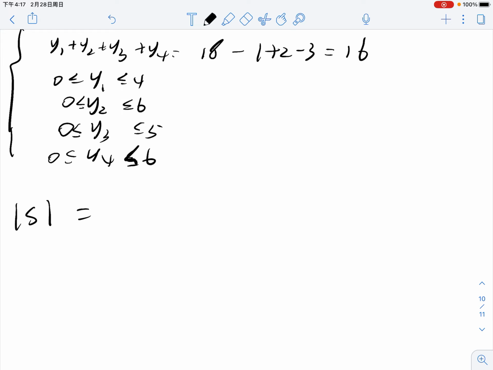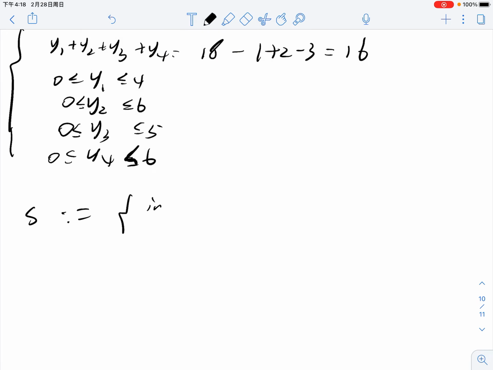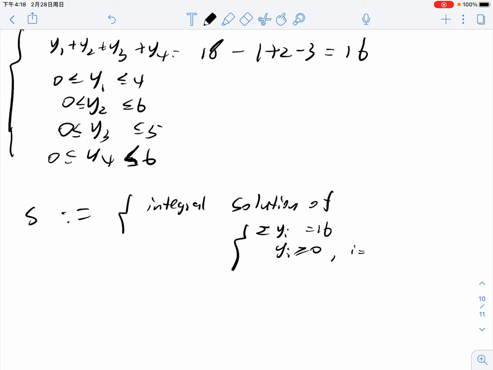And let's set S to be the set of all the integral solutions of summation yi equals 16, yi greater than 0 for i equals 1, 2, 3, 4.